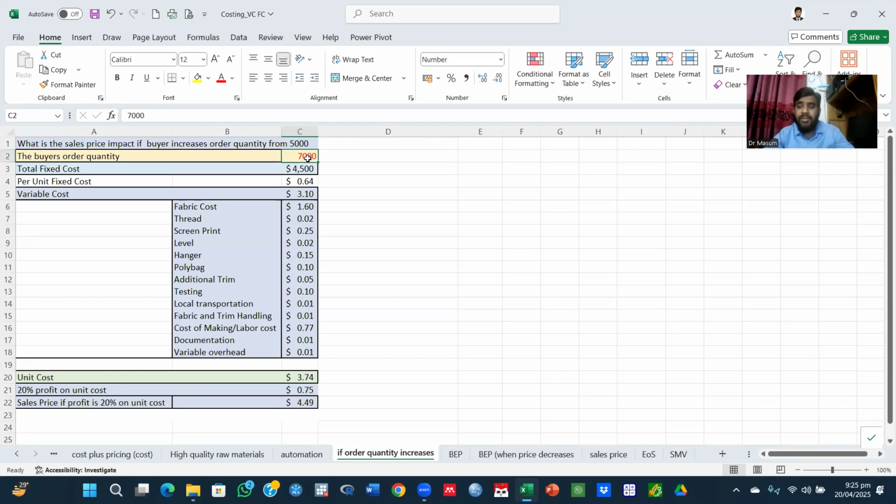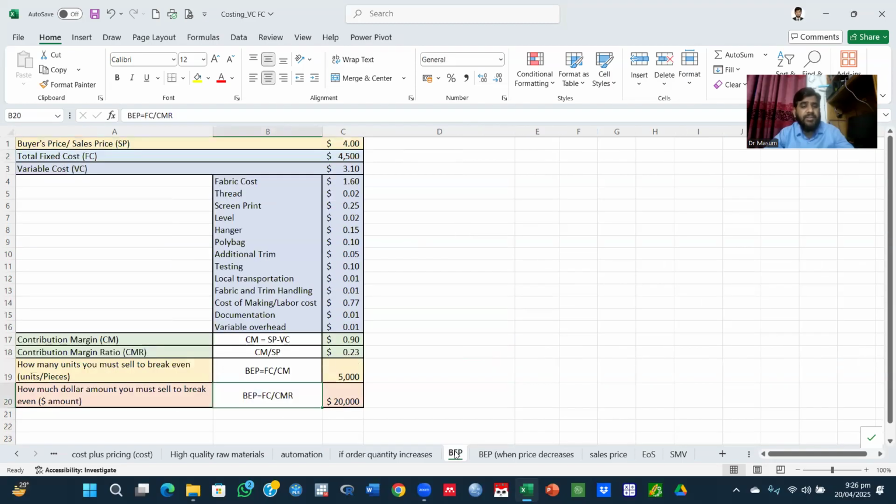That means if the buyer offers for more number of units, you can offer less per unit price. But when you are accepting orders, what you have to think? You have to think about your break-even point.